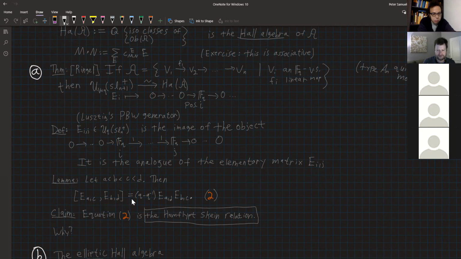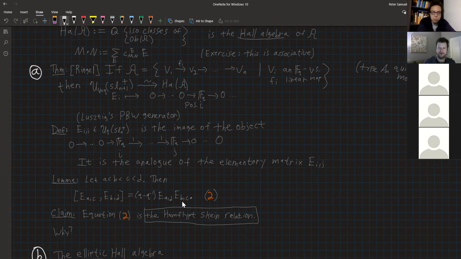There's a lot of cancellation in this commutator when you compute it, and you get a multiple of E_ad times E_bc. There are a lot of indices there; I'll draw a picture of this in a second. My claim is that this also is the Skein relation, and I don't know an algebraic explanation of this.